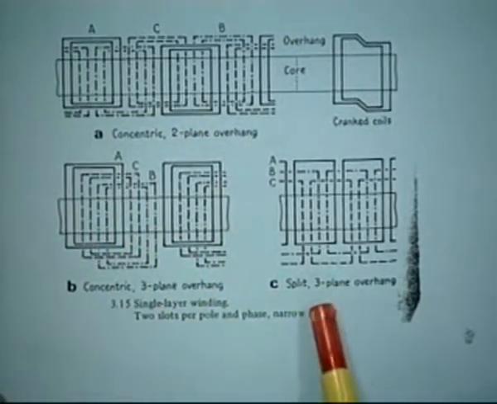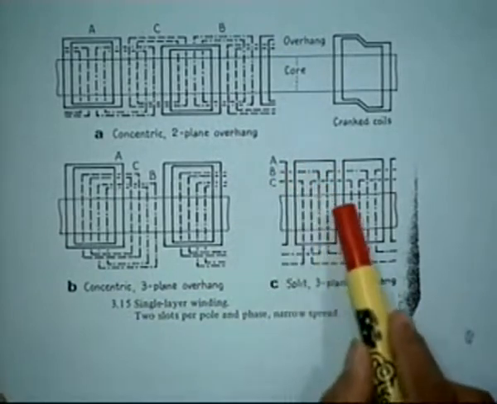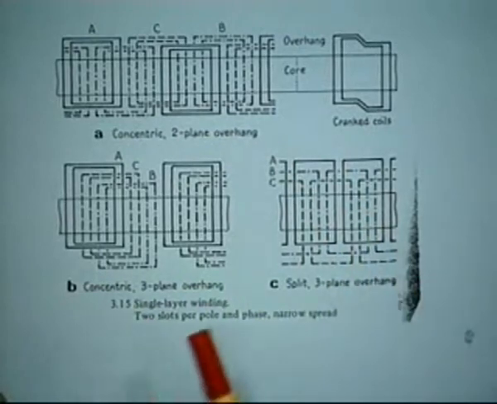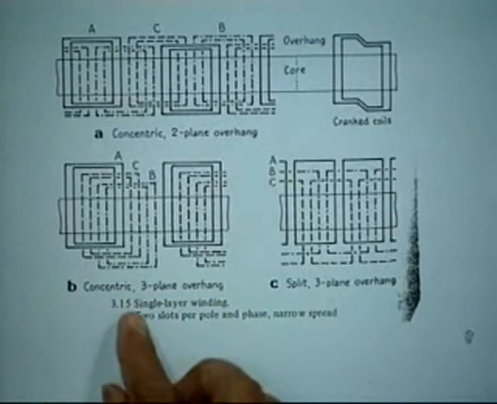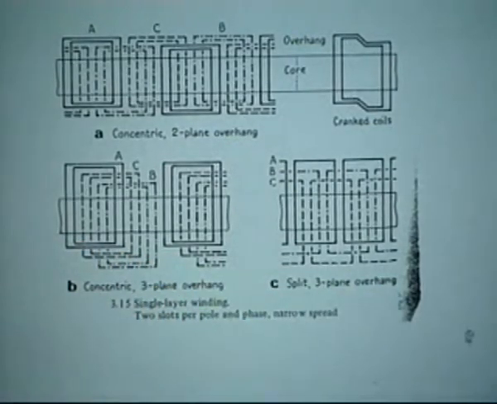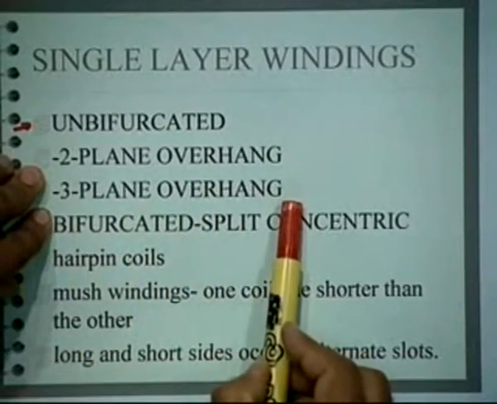Then you have the three split plane overhang. That means they are split into different segments, one inside, then the other going like that. Okay. So there are different ways in which the single layer windings are placed so that we avoid the problem of overhang. So there are two plane overhang and three plane overhang.